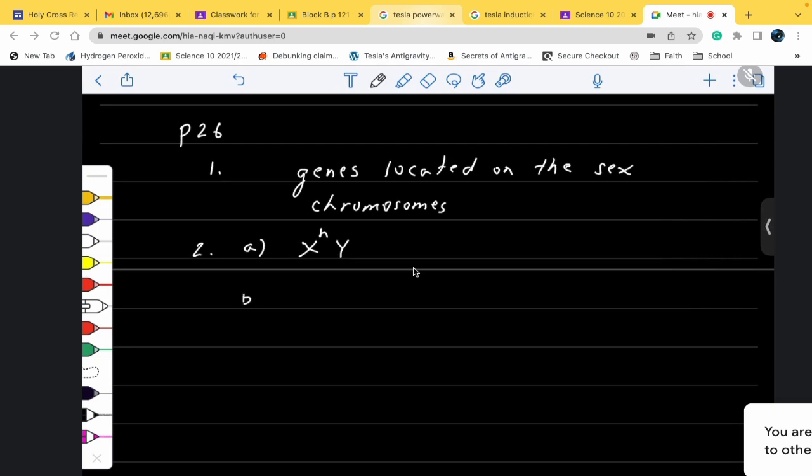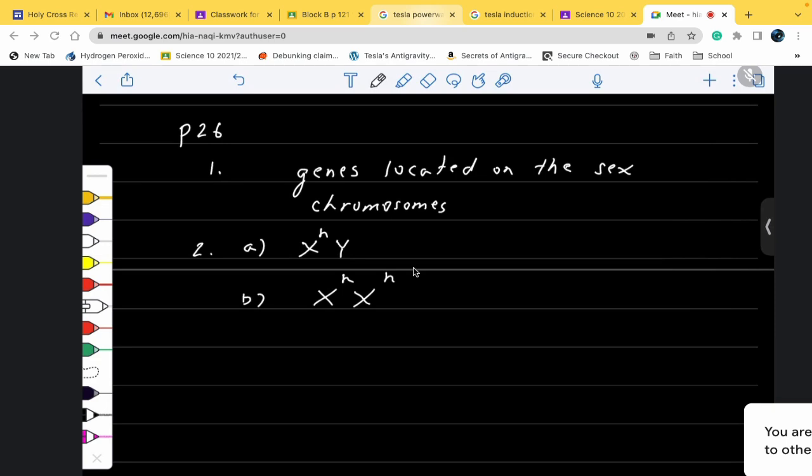B, a woman with hemophilia. A woman has two X's. Can't be uppercase because she's not simply a carrier, she has it. So she must have two lowercase. It's a recessive trait. In order for it to appear, she must have two lowercase.